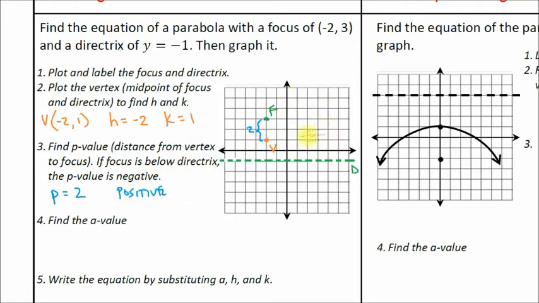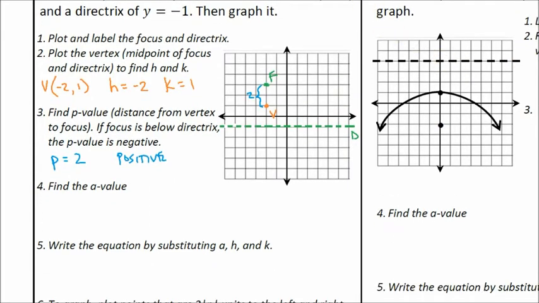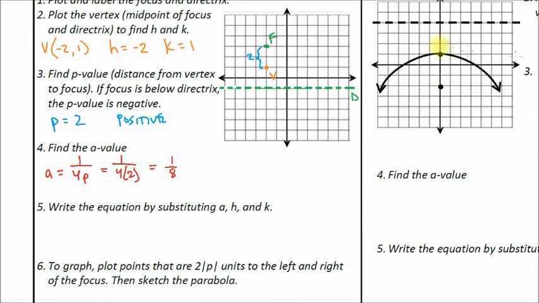Next step, in order to write our equation, we're going to have to know the a value. We know that a is equal to 1/4 times p, which is 1/4 times 2, which is 1/8. Well, now we've got h, we've got k, and we've got a, and that means we can write our equation.